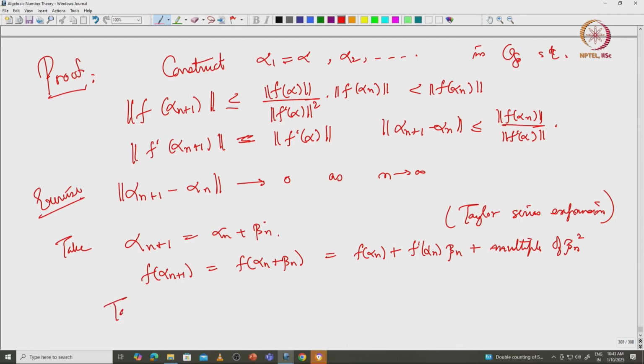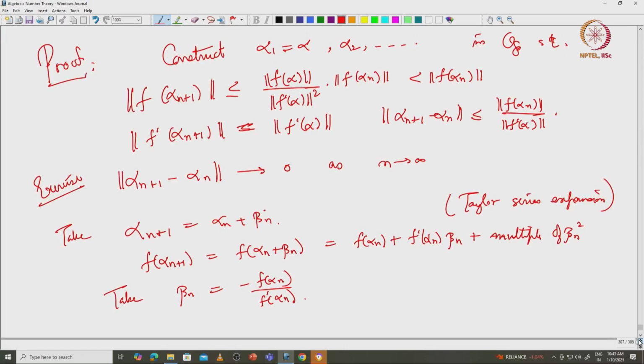So, you can take beta n to be minus f of alpha n divided by f prime of alpha n, and this would ensure that the first two terms cancel, and f of alpha n plus 1 is simply an integral multiple of beta n squared.